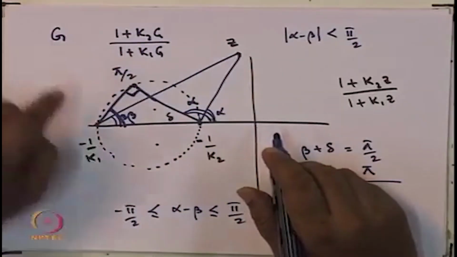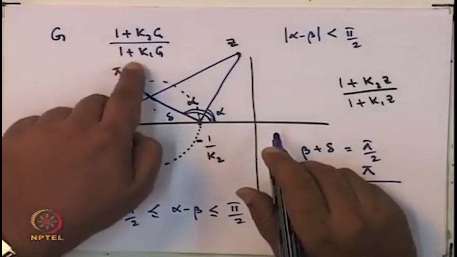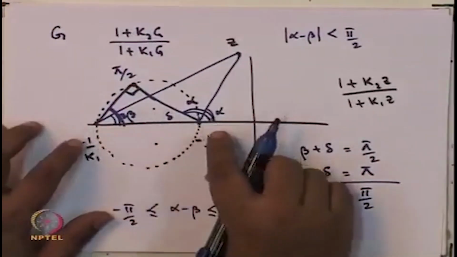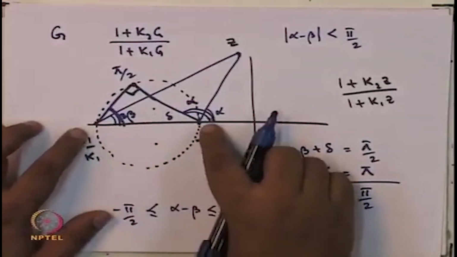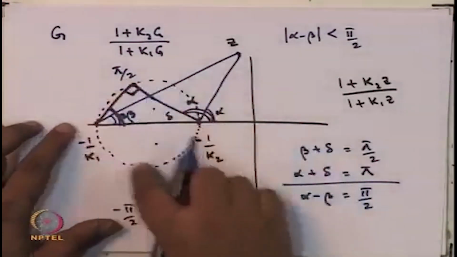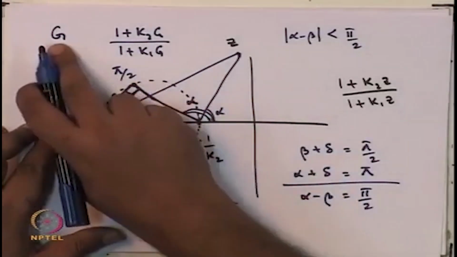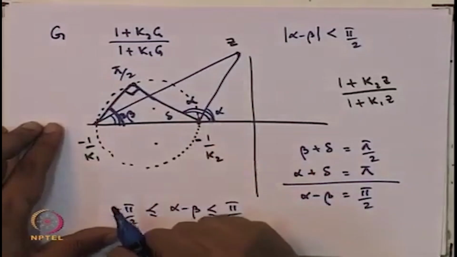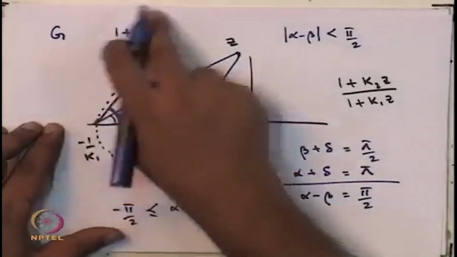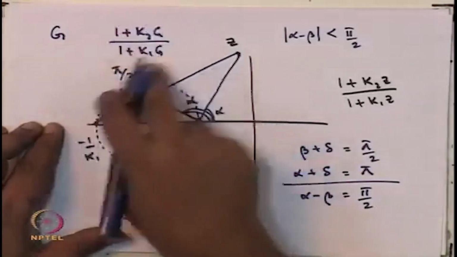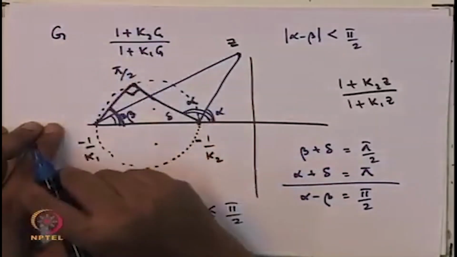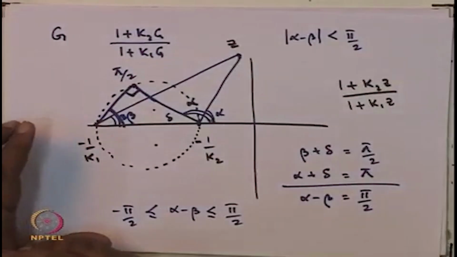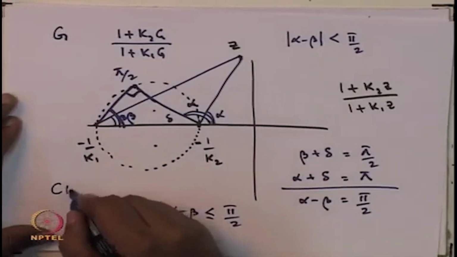Then from the information about k 1 and k 2, you can plot these 2 points, minus 1 by k 1 and minus 1 by k 2, and you can look at this circle, and if the Nyquist plot of G does not enter this circle, then the Nyquist plot of this transformed transfer function is going to lie completely in the right half plane, and that is the circle criterion.